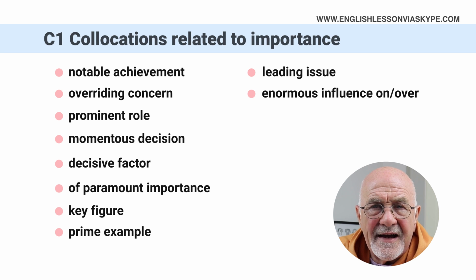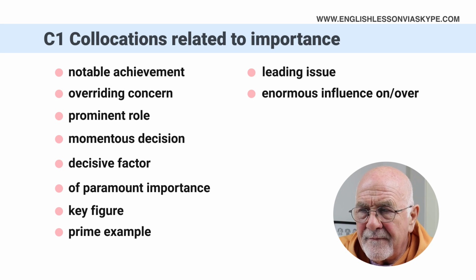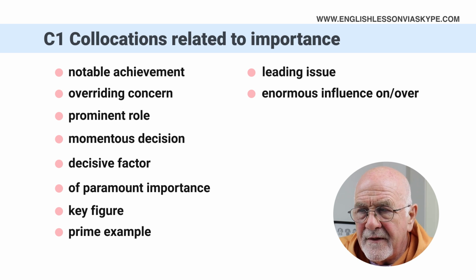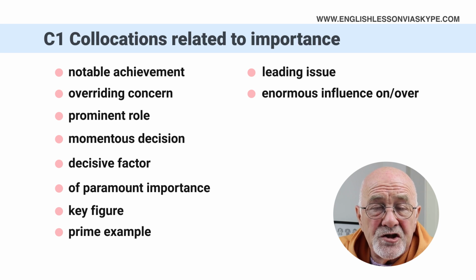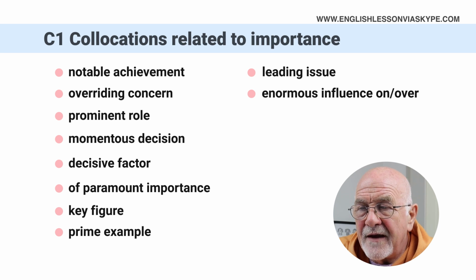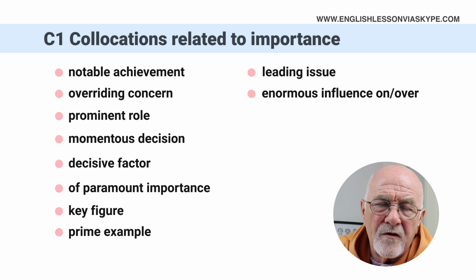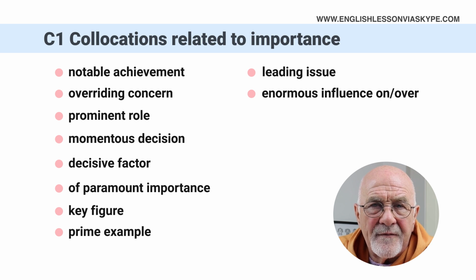Key figure, a key figure in something, a movement. Prime example of. Leading issue. And then finally, of enormous influence, or enormous influence on or over somebody or something. Okay, so 10 specific collocations for importance, and hopefully you get some good examples from those.